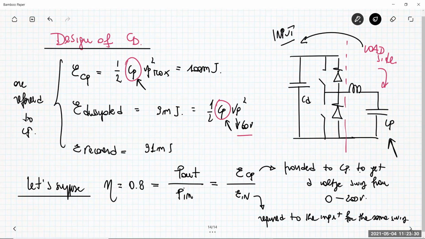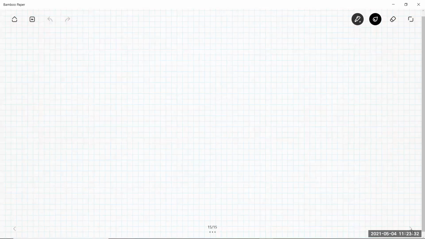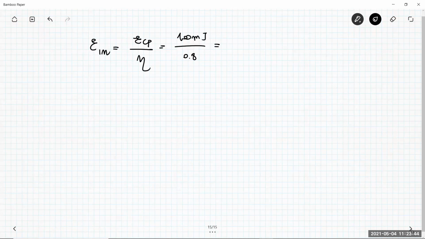So, for example, giving 0.8 as an efficiency, I can see that the energy at the input is Cp over eta. So it is 100 millijoule over 0.8. So 125 millijoule.